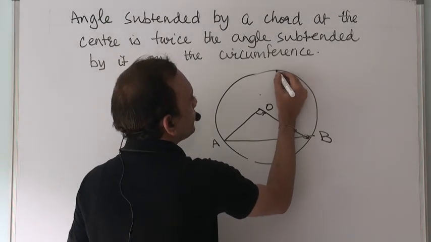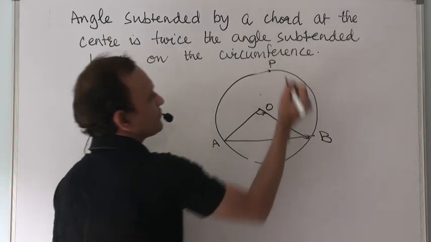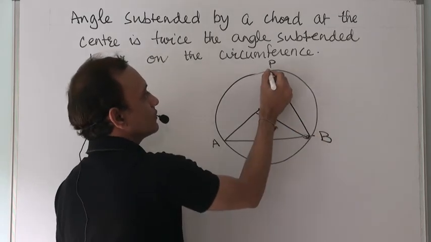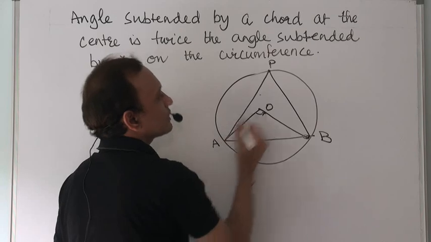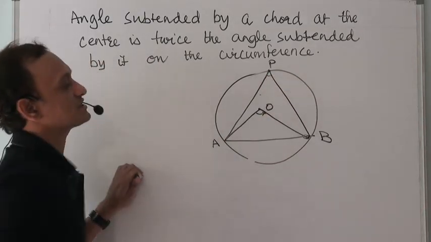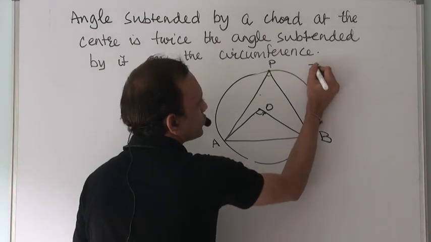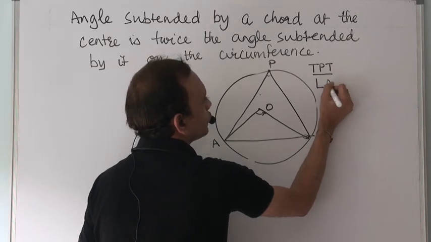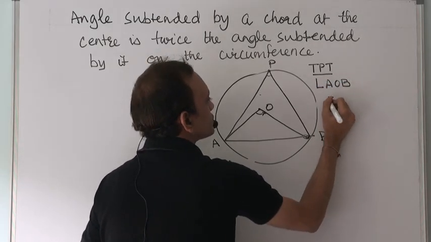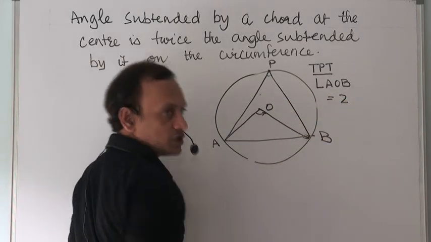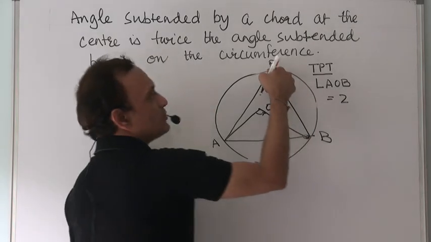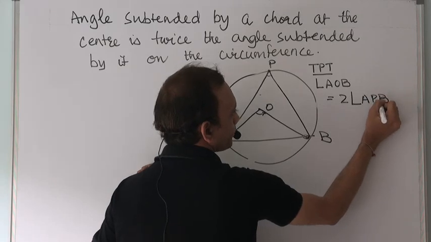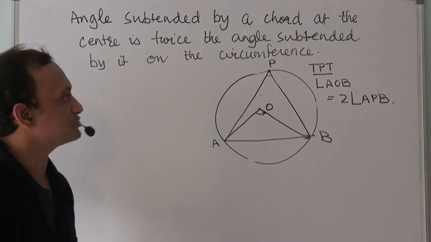And if I took any point P on the circumference, then this is the angle subtended on the circumference. So what we want to prove is that the angle subtended by the chord at the center, that means angle AOB, is twice the angle that it subtends on the remaining circumference. That means if I choose any point P, then this would be twice angle APB. This is what we set out to prove.